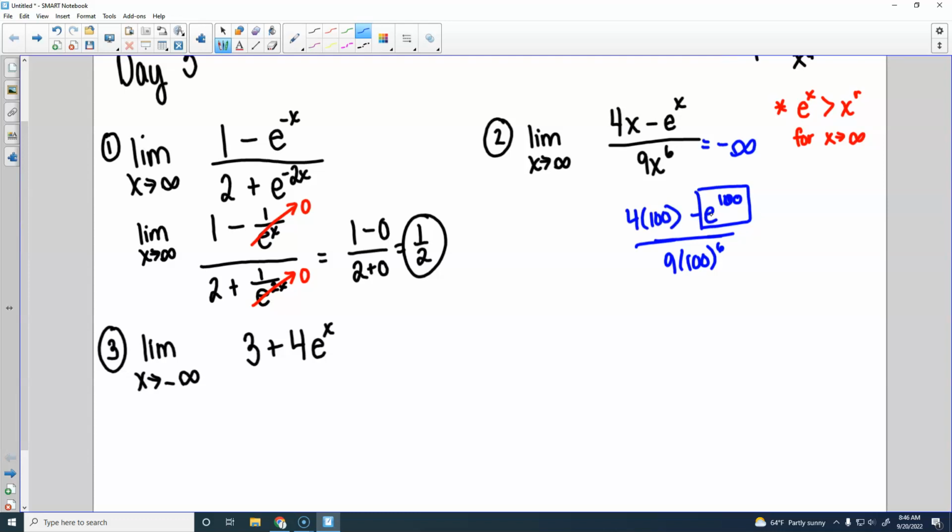So it controls what is happening there. And because it's got that negative right there, you're doing 400 minus a really, really big number, which is going to give you a negative in that case. So whichever term has the highest degree, you want to look at the sign in front of it, and that will tell you positive or negative.